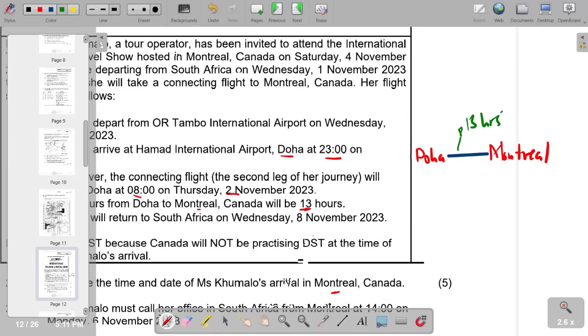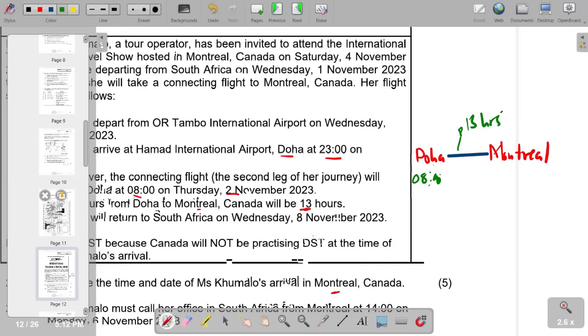But you'd see that the departure time in Doha is 0800 in the morning. And then we first find what is the departure time in Montreal when it's 8 a.m. in Doha. What is the time in Montreal? So we go back to our map to see what is the difference between Doha and Montreal.